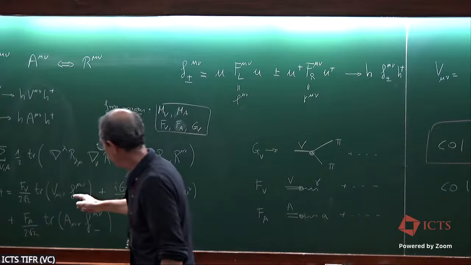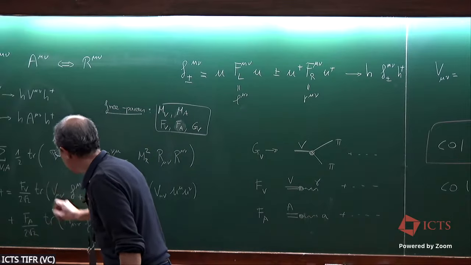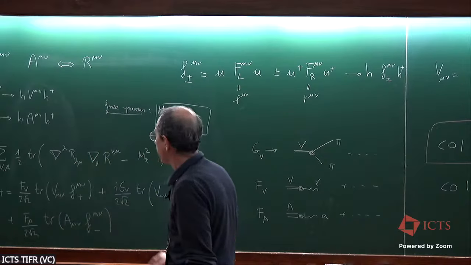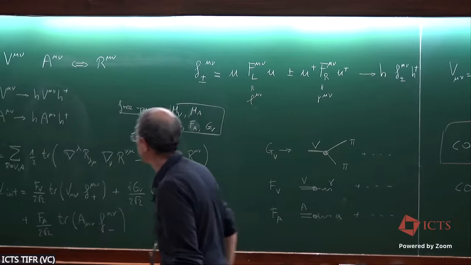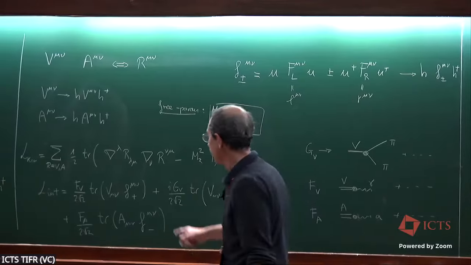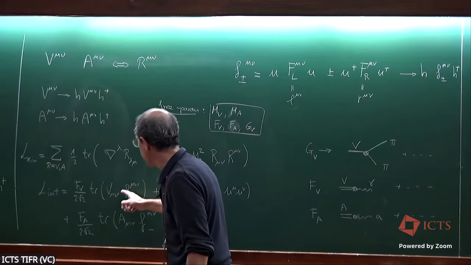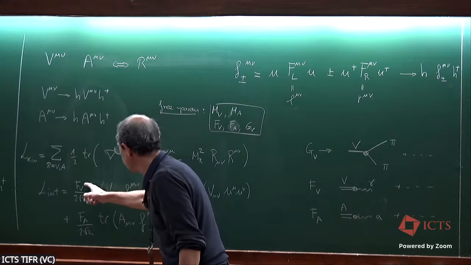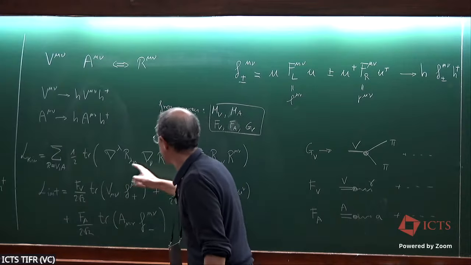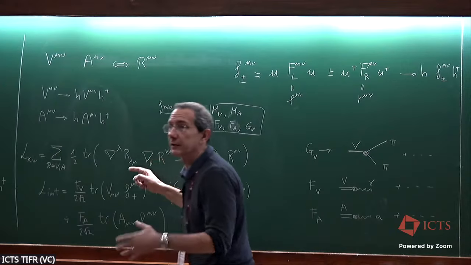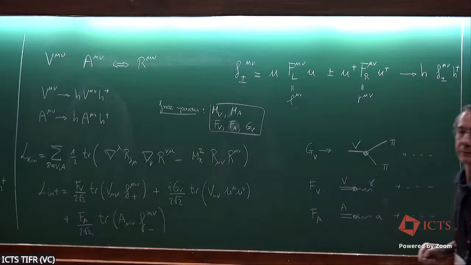From the counting, this term here, the way it is defined, counts as a dimension 1 field. So this tensor here has dimension 2. While here, my Lagrangian has a dimension 1 field and 2 derivatives, so the power counting is as usual.